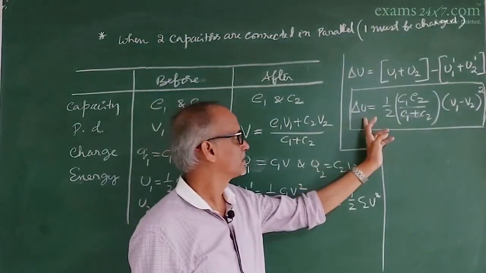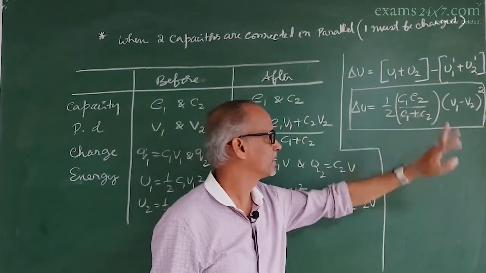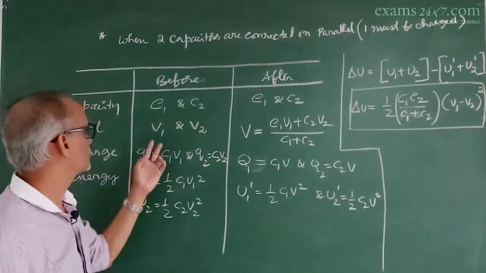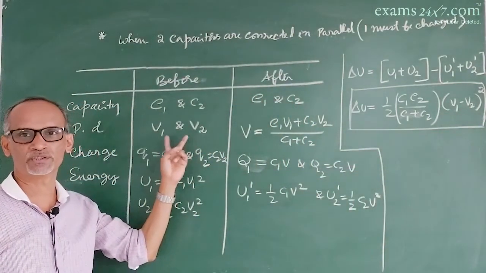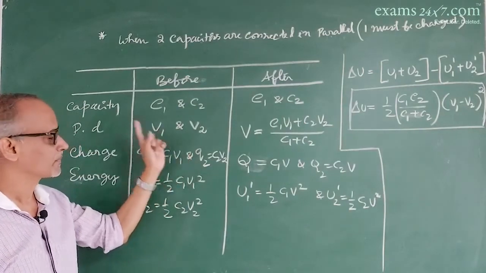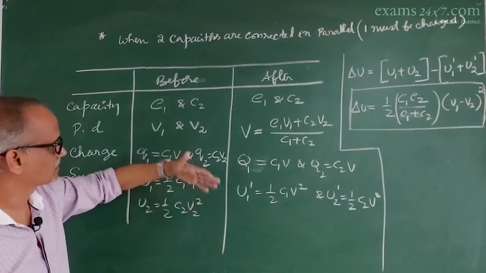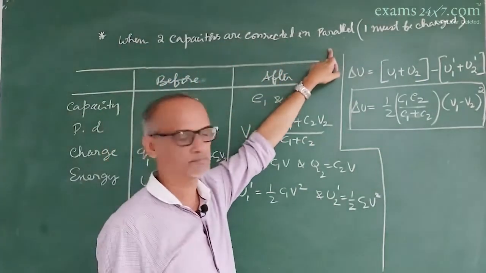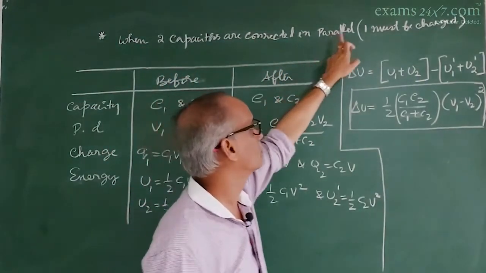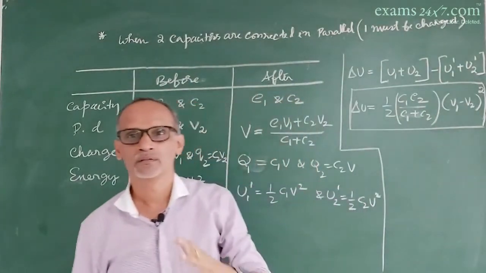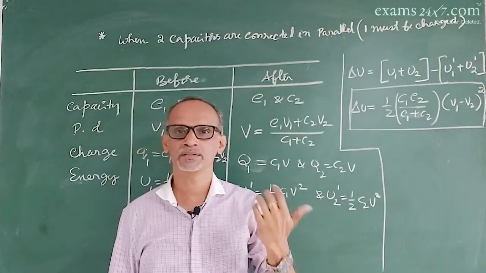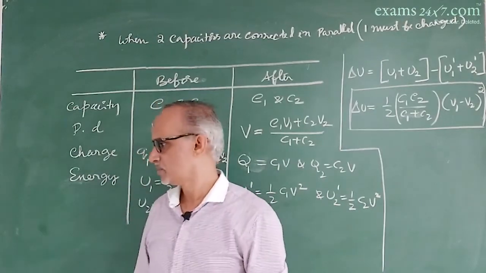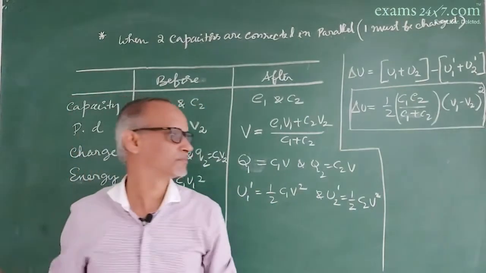Loss of energy, delta U, is equal to half C1C2 by (C1 plus C2) into (V1 minus V2) the whole squared, where V1 and V2 are the potential differences to which they are charged initially. So these equations can be used only when two capacitors are connected in parallel, and that too when at least one capacitor is charged, or even both are charged.